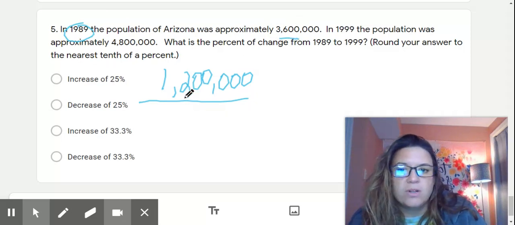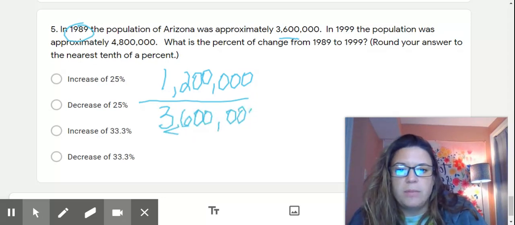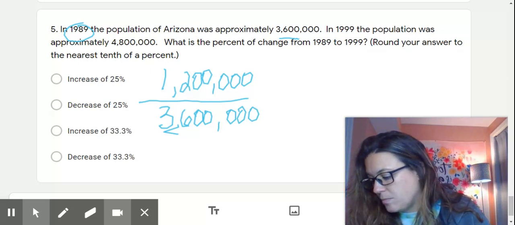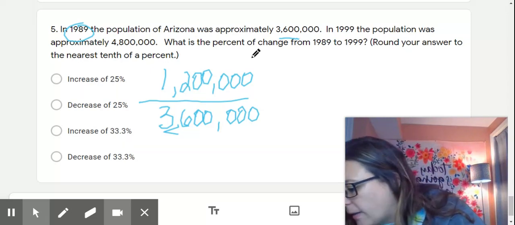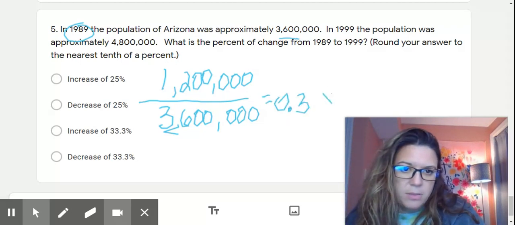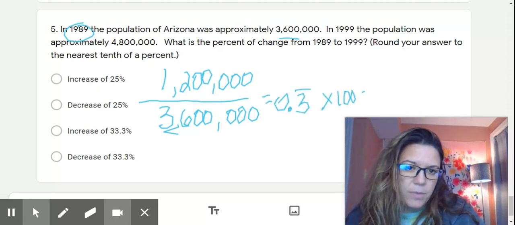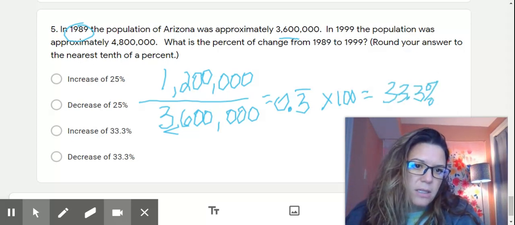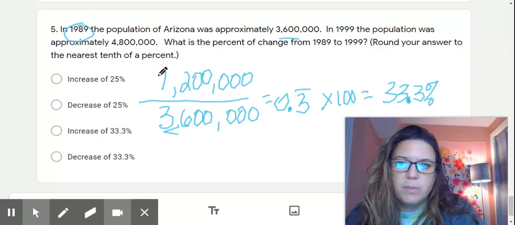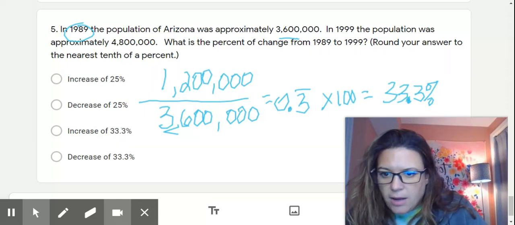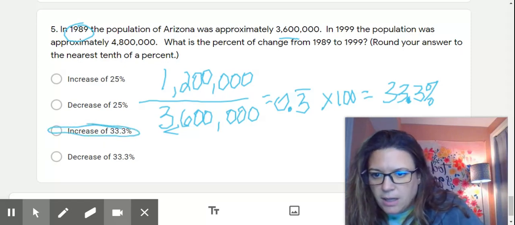So 89 comes before. So the 3,600,000 is the original amount that I'm going to divide by. And that gives me 0.3 repeating. Multiply that by 100, and that gives me 33.3%. And this was an increase because it went from 3 million to 4 million, of 33.3%.